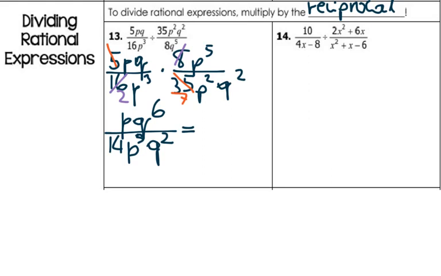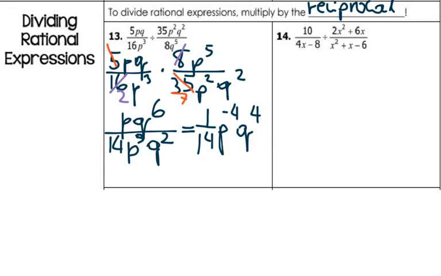After that, we are going to subtract exponents, which will give me 1 over 14 if there is no number in the numerator, which means it's 1, and then P to the power of 1 divided by P to the power of 5 is P to the power of negative 4, Q to the power of 4 if you subtract 6 and 2.